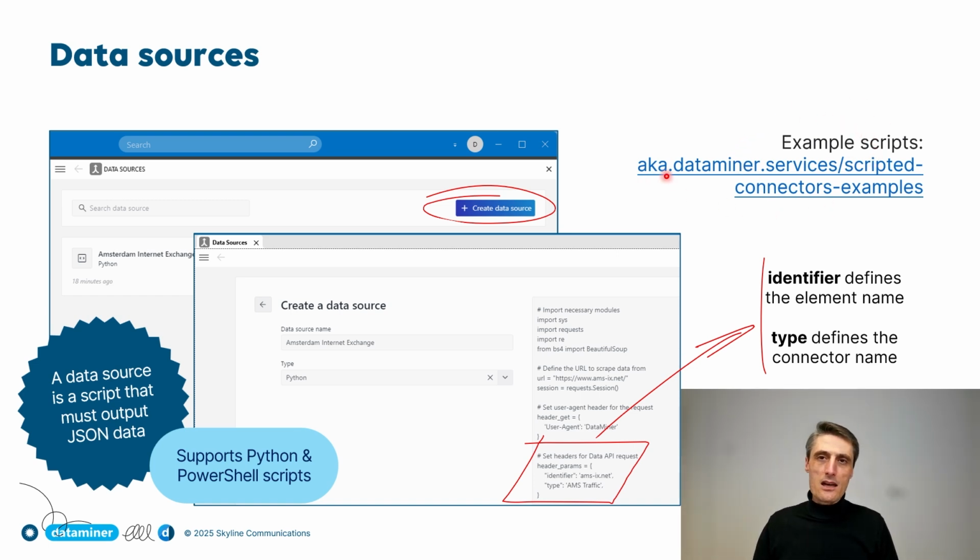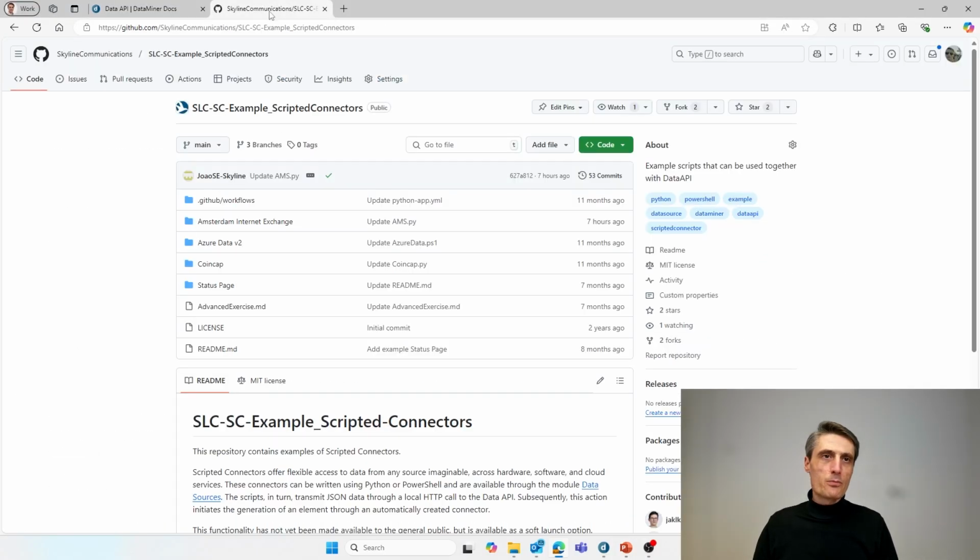There's an AKA link in there, but basically it just goes to our GitHub. If we go to our GitHub organization, Skyline Communications, you will find there a repository SLC example scripted connector. So if you just search for scripted connectors, you will immediately find this public repo.